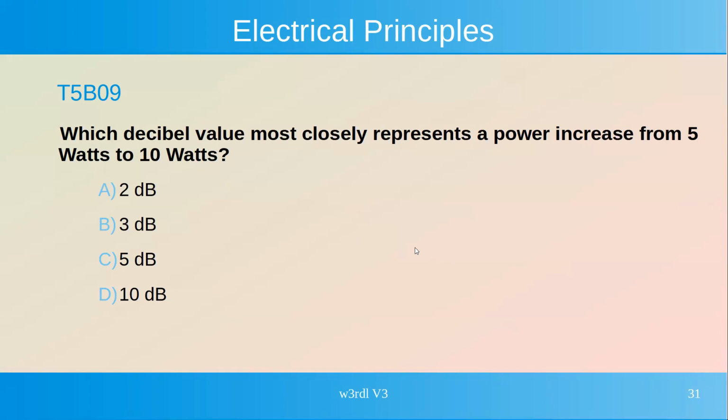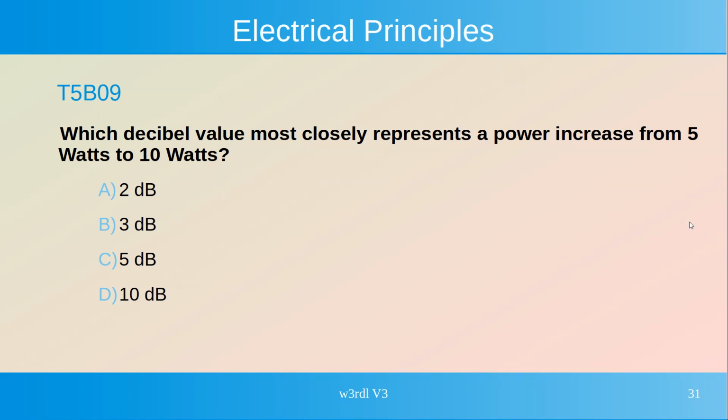Okay, so which decibel value most closely represents a power increase from 5 watts to 10 watts? So the power ratio is what? 10 over 5, right?